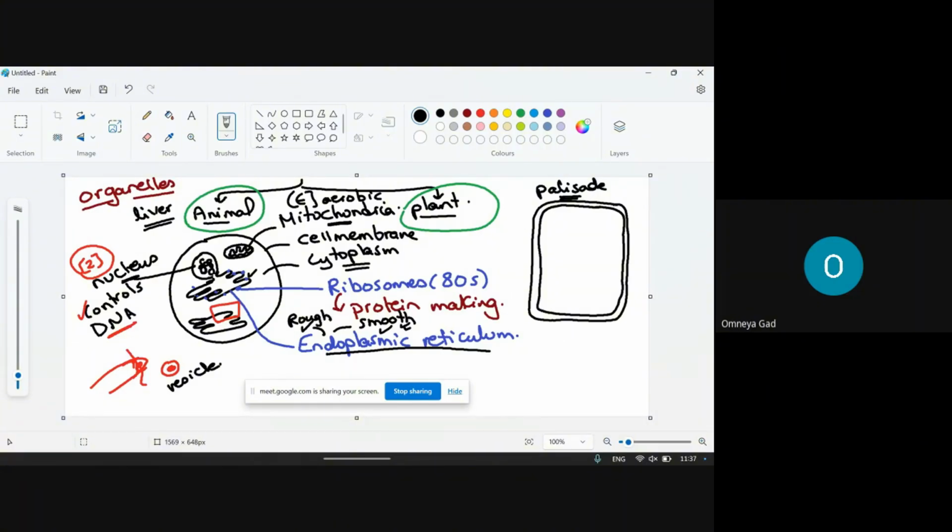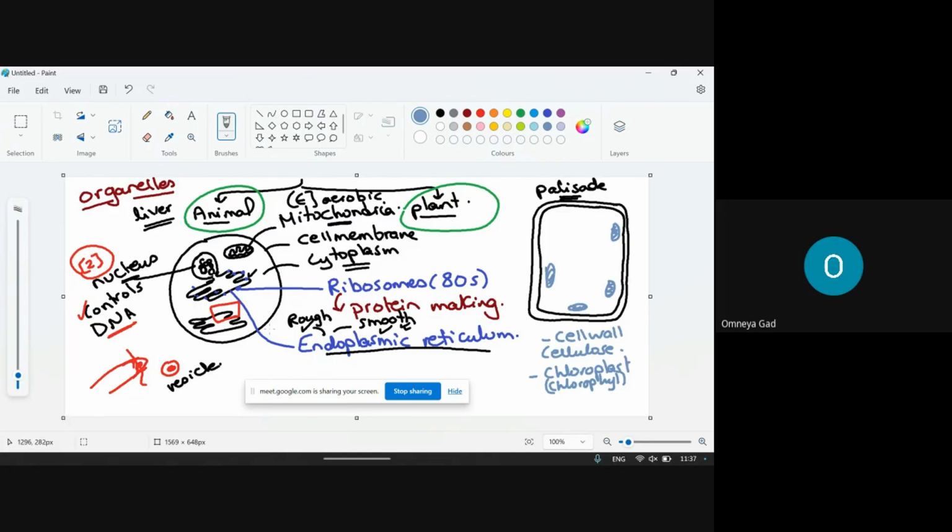The plant has three things which are found in plants and not in animals, like the cell wall. Like the bacteria, yes, but from another material. It's made from a material called cellulose. Also, they have chloroplasts. It's a green structure. This green structure contains a pigment called chlorophyll, and the photosynthesis process takes place inside it.